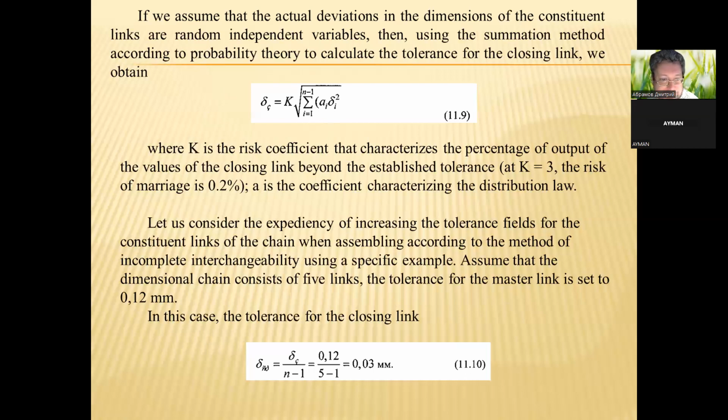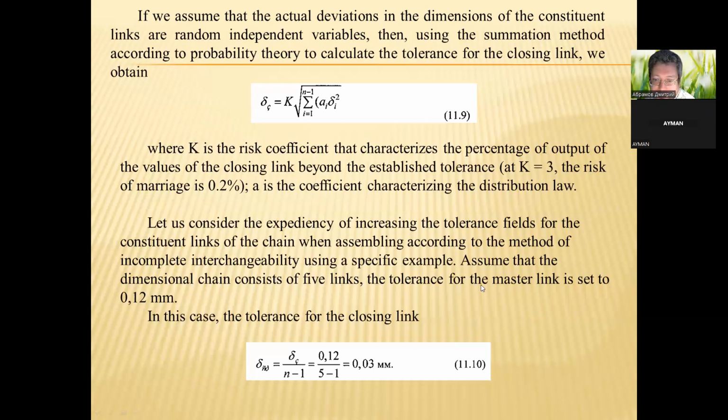Let us consider the expediency of increasing the tolerance fields for the constituent links of the chain when assembling according to the method of incomplete interchangeability using a specific example. Assume that the dimensional chain consists of 5 links.